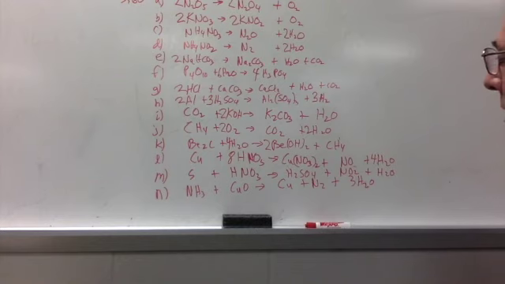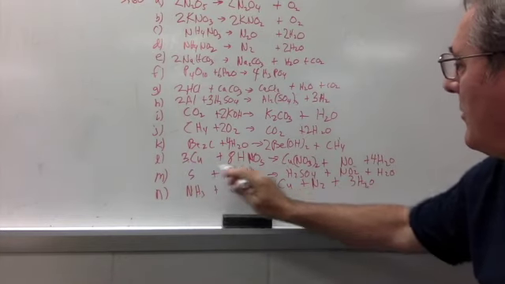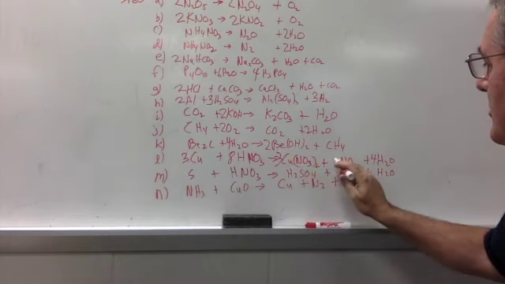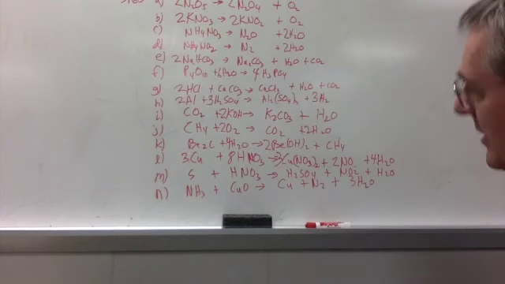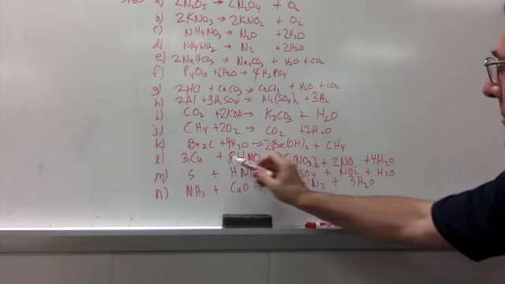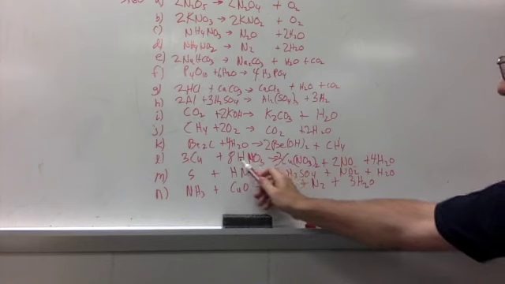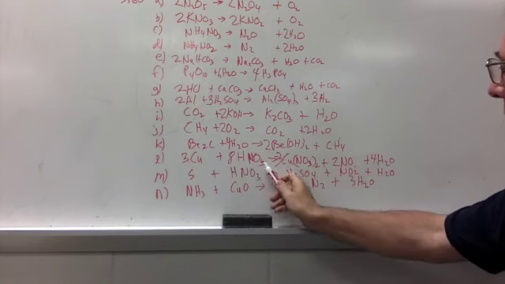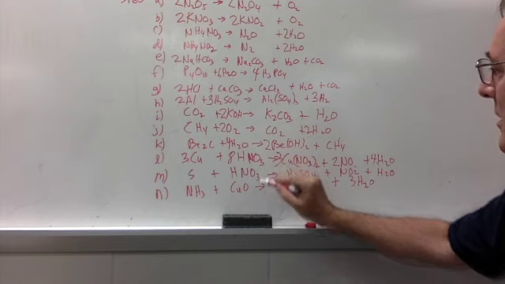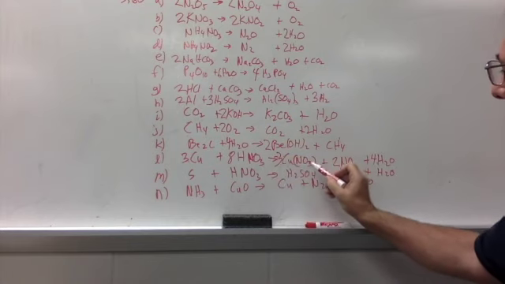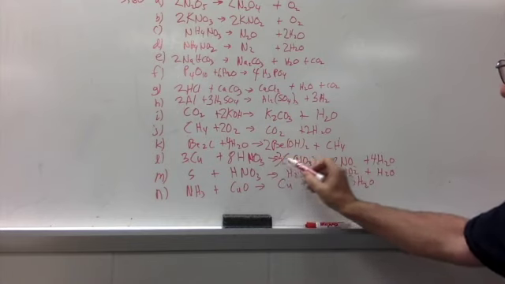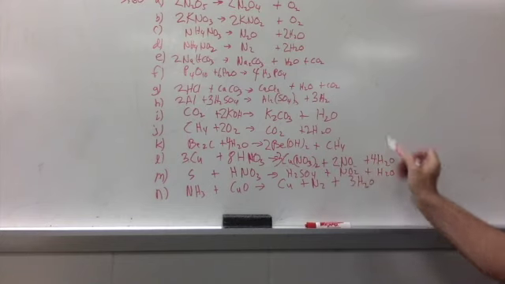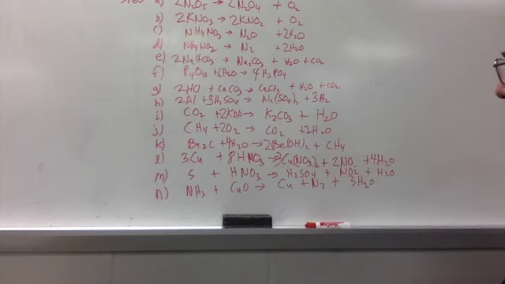We could try 3 coppers, 2 NOs, 3 coppers, 8 hydrogens, 8 nitrogens, 6 plus 2 is 8 nitrogens, 24 oxygens, 3 times 2 is 6, times 3 is 18, plus 2 is 20, plus 4, 24 oxygens. Got it to work.